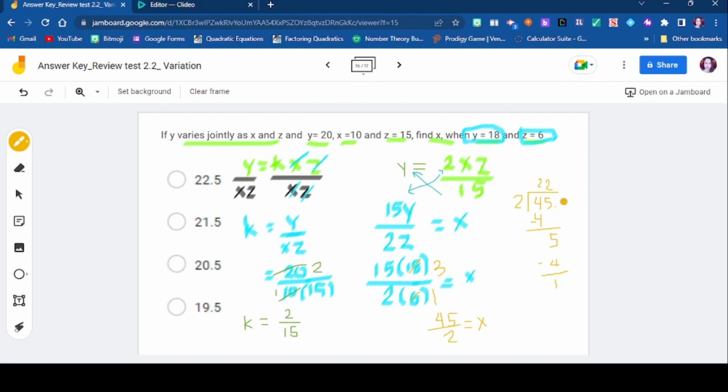So we need to append 0, but don't forget to write the decimal point. Then bring down 0, so you have 10. 10 divided by 2 is 5. Put a decimal point in the quotient as well, and place 5. 5 times 2 is 10. 10 minus 10 is 0. So we already come up with our answer, which is x is equal to 22.5, and that is the first option.